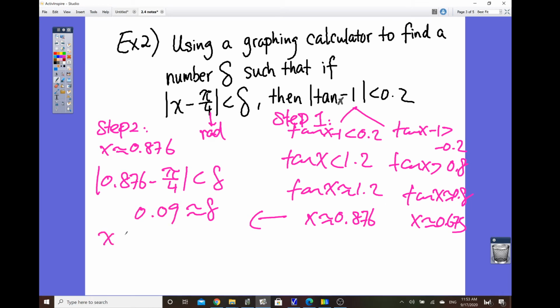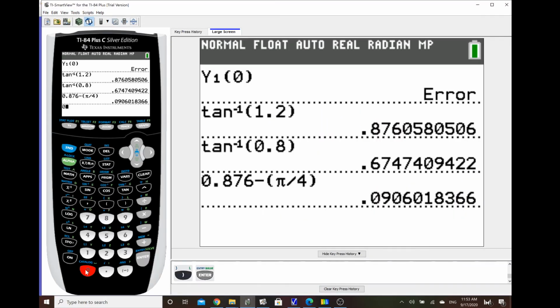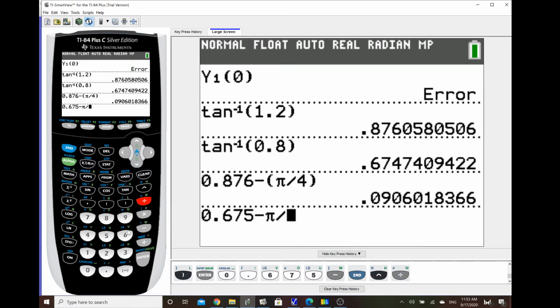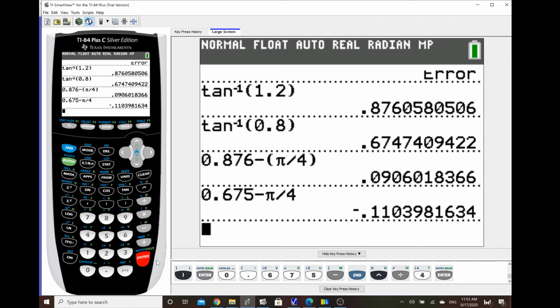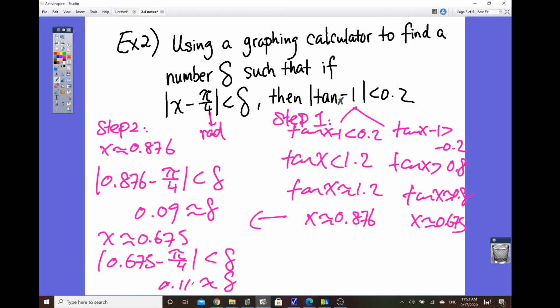And now what about x is about 0.675? Let's find out what that is. 0.675 minus pi over 4, and take the absolute value, so that one is 0.110.